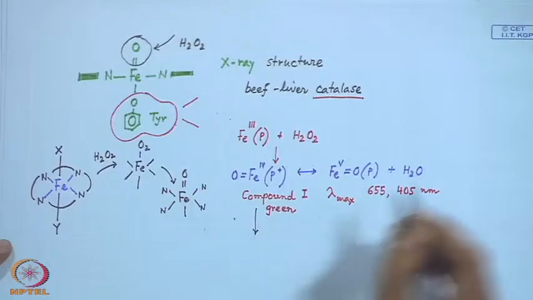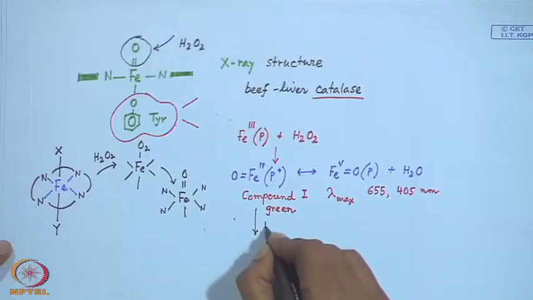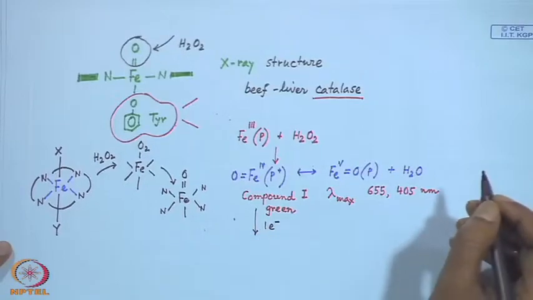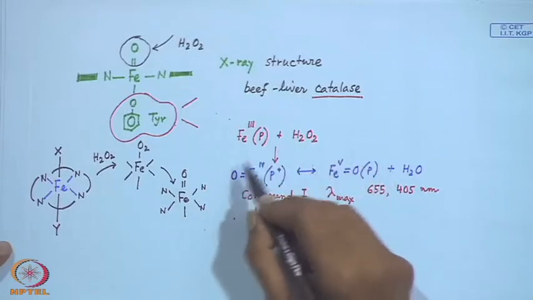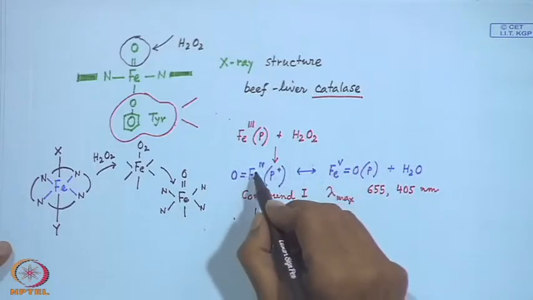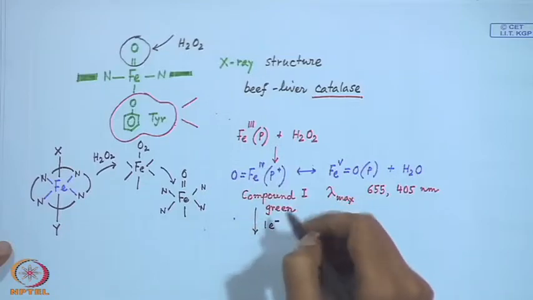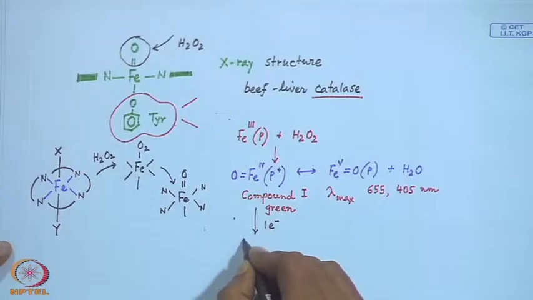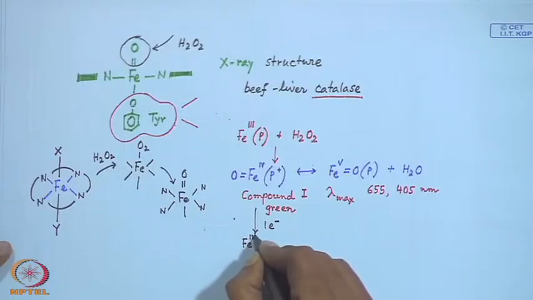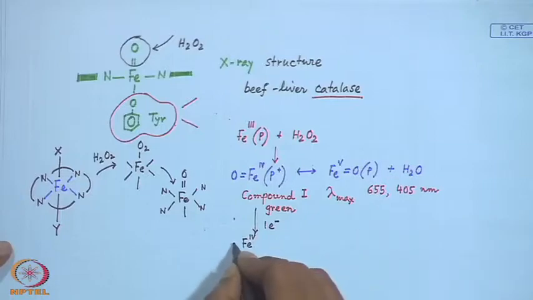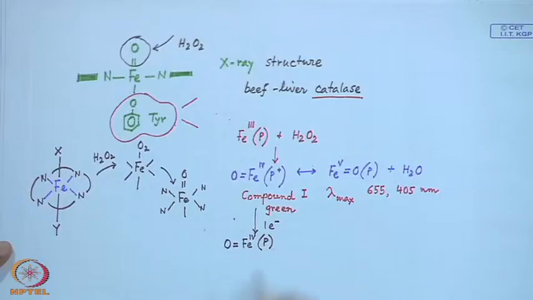Then if we allow it a 1 electron reduction, because this is the highest possible oxidation state in terms of either 5 or 4 with oxidized porphyrin, if you reduce it back, that reduction will give you the same iron in 4. What will happen to the porphyrin? Only the porphyrin is now the reduced one.